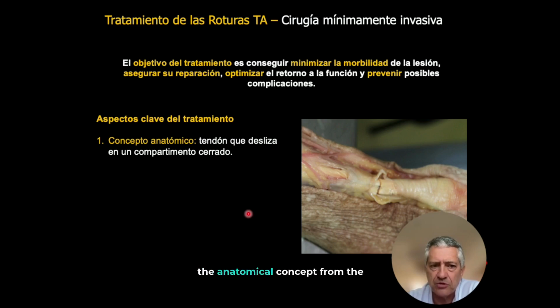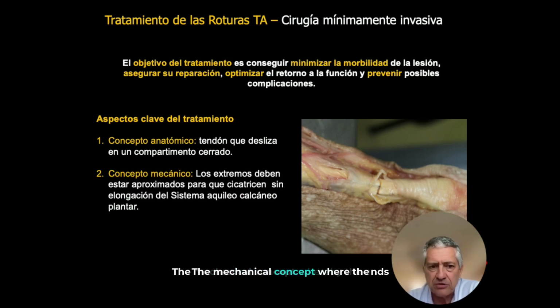That is the anatomical concept from the point of view of understanding what we are talking about: a tendon that slides and moves within a closed compartment, which is the external compartment. So one of the most important elements would be to allow this mobility of the tendon in relation to its own fascia that covers this superficial compartment.